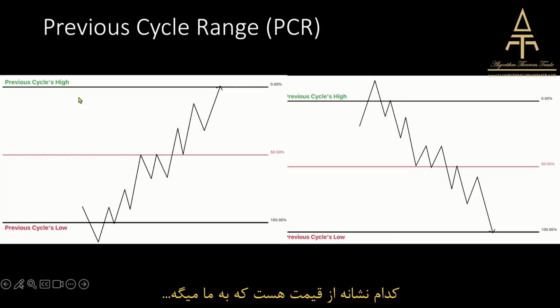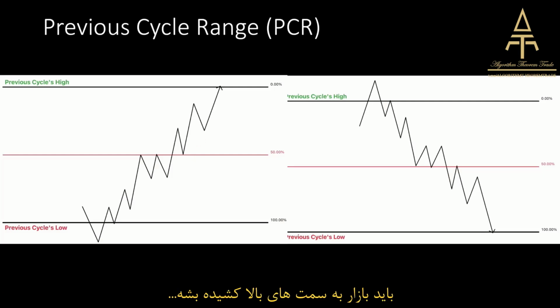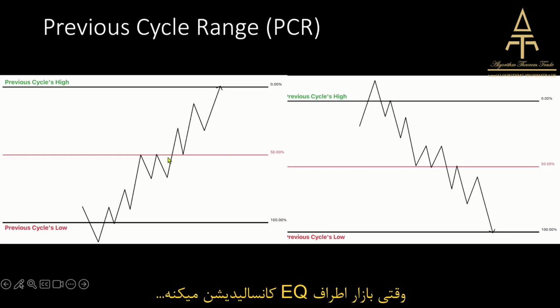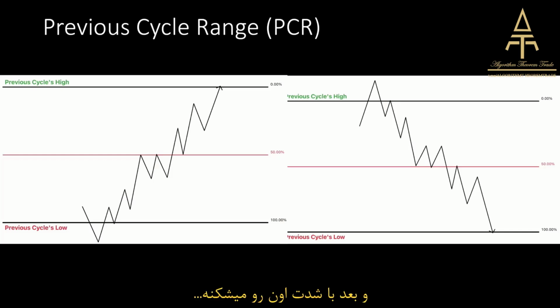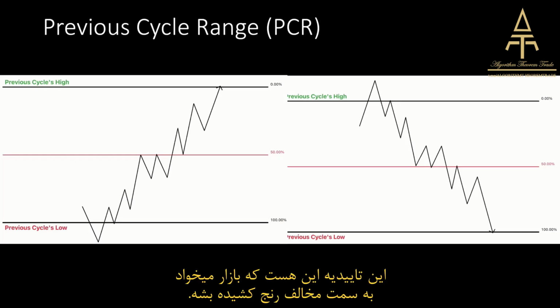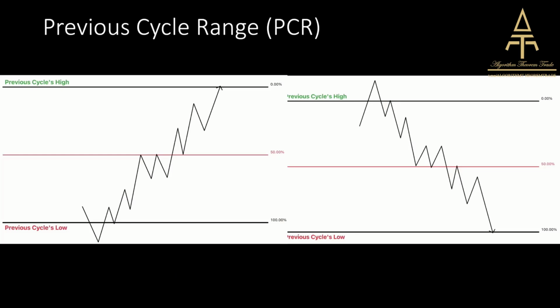What is the important reference point that confirms to us that price is likely to draw towards the opposite side of the range? That reference point is equilibrium. Remember, when price consolidates around equilibrium, but finally shows a willingness to displace through equilibrium, it's a confirmation to us that price is likely to draw towards the opposite side of the range now.